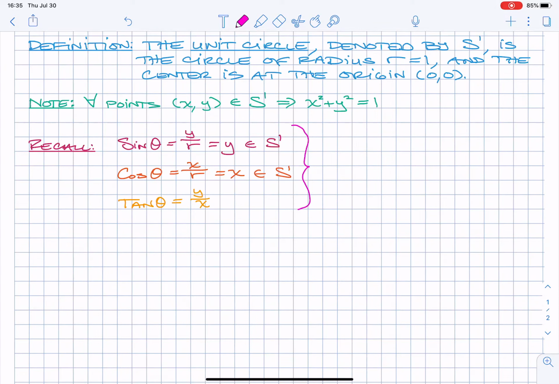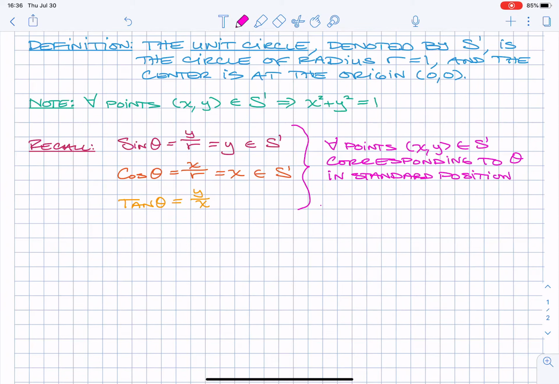These together imply for all points x comma y on the unit circle corresponding to theta in standard position, that the point x comma y is really, well, what is x?